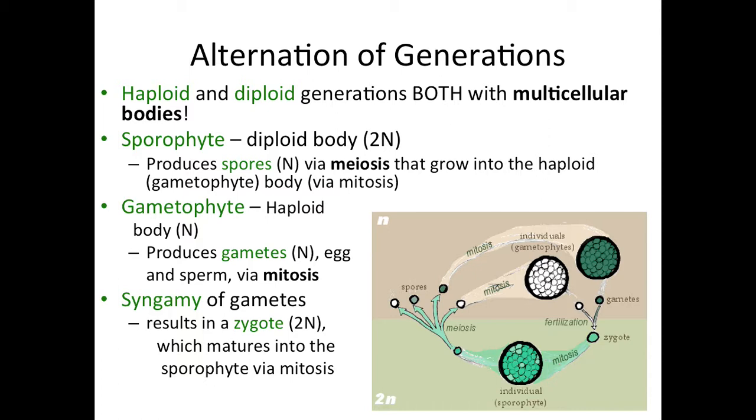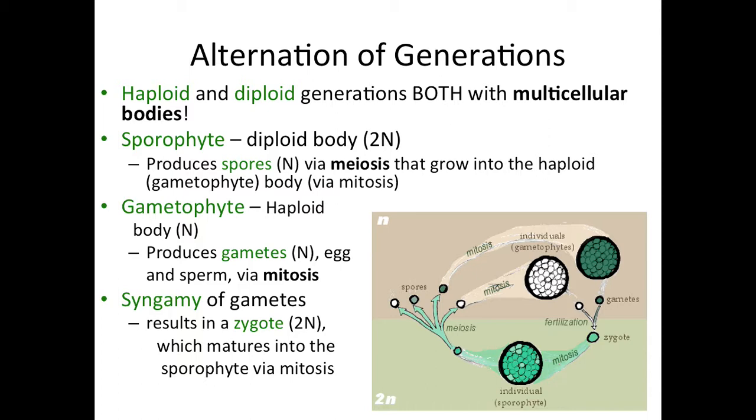The gametophyte body is then going to produce the sexual reproductive cells, the gametes, the egg or the sperm. Gametes in a gametophyte body are produced by mitosis because the cells in the gametophyte body are haploid, the gametes are haploid, and so the process that produces gametes from a gametophyte body is mitosis.